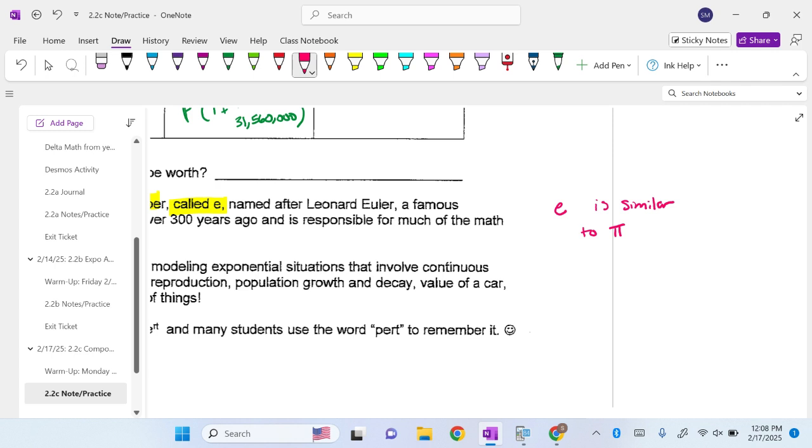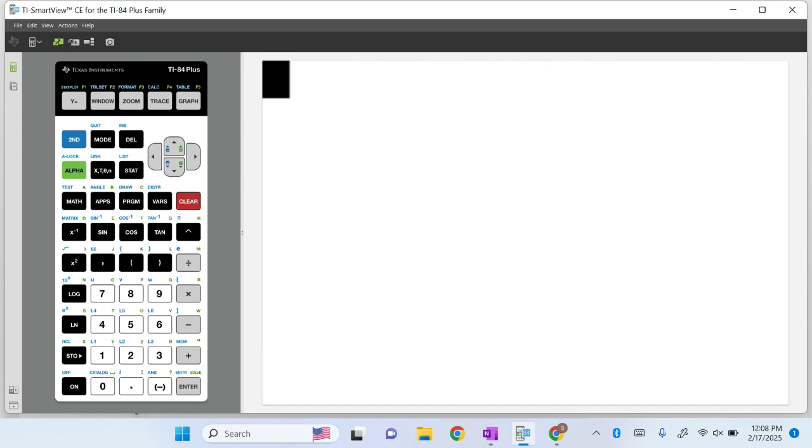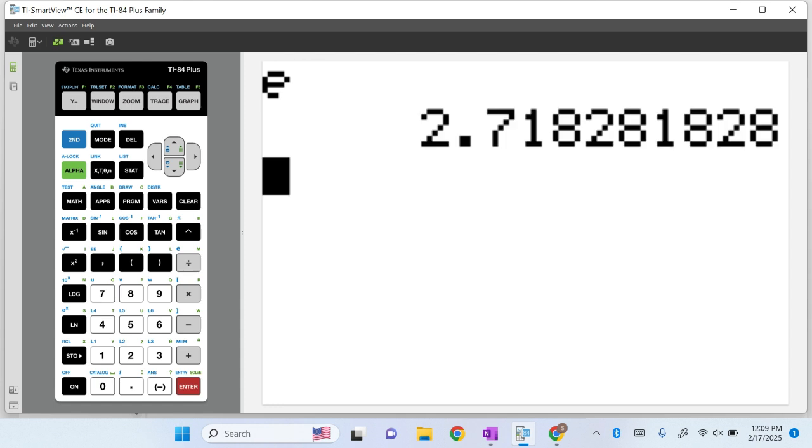And you can calculate E in your calculator. If you look in your calculator, if you hit second and then the division symbol, you get E. Hit enter, that's what E is worth. It's like 2.718 and goes on forever and ever, just like pi.